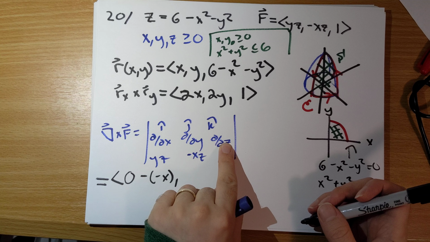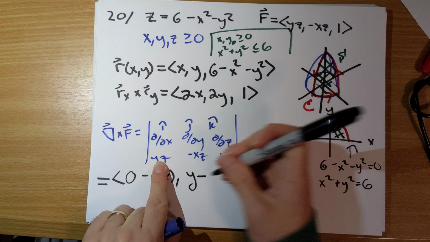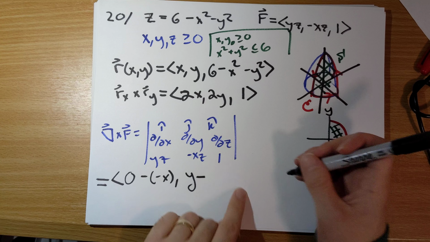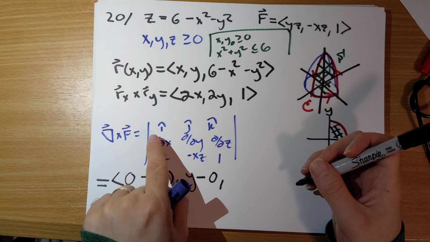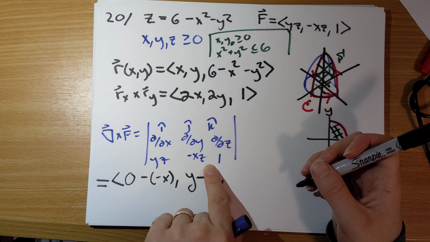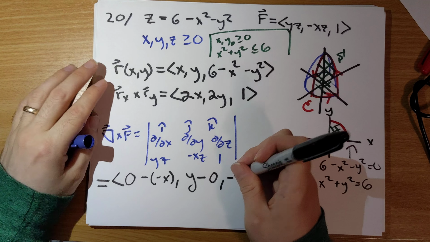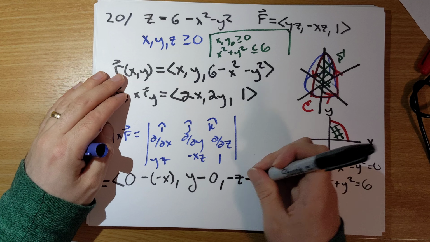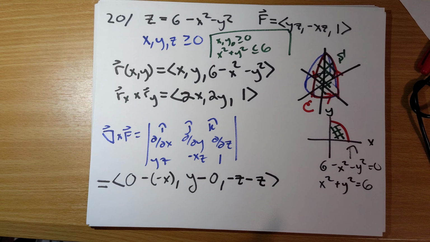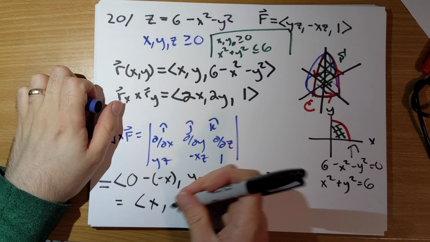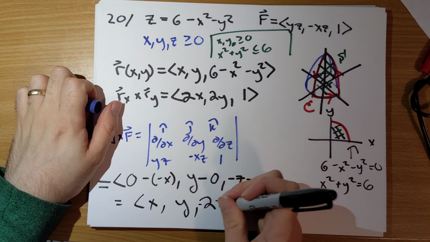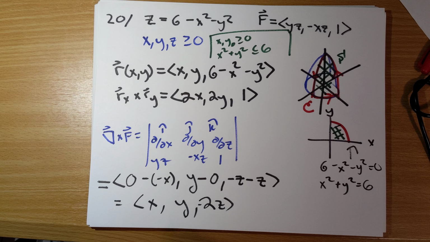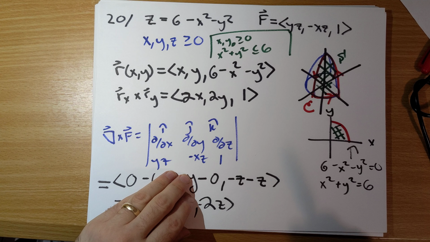Then the partial derivative with respect to z of yz is y, minus the partial derivative with respect to x of 1, that's 0. And then the partial derivative with respect to x of negative xz is negative z, minus the partial derivative with respect to y of yz, that's also negative z here. So this ends up as, if I didn't botch anything, negative x, y, negative 2z. Okay, so that's part C.